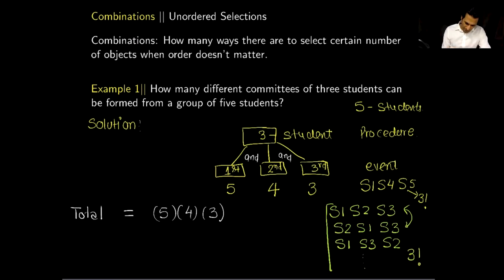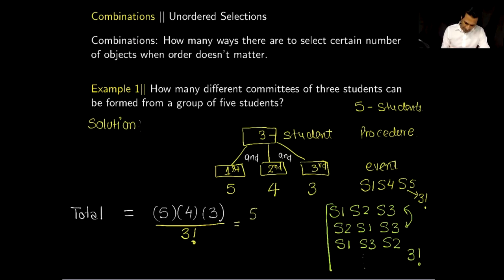Therefore we will divide this by 3 factorial, because there are 3 factorial ways which we have to discount from the number of ways, 5 times 4 times 3, in order to count only the ways which do not take the order into account.